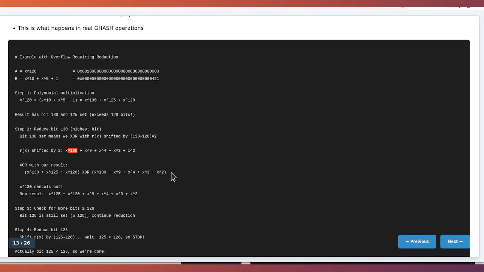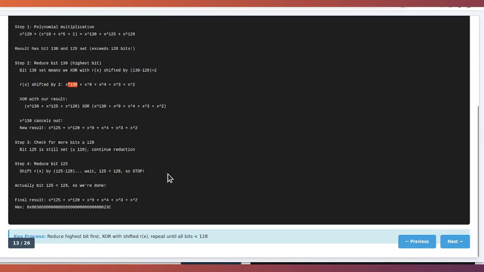X to the 130th plus x to the 125th plus x to the 120th XOR x to the 130th plus x to the 9th plus x to the 4th plus x cubed plus x squared. The x to the 130th terms cancel each other out. The new result is x to the 125th plus x to the 120th plus x to the 9th plus x to the 4th plus x cubed plus x squared.